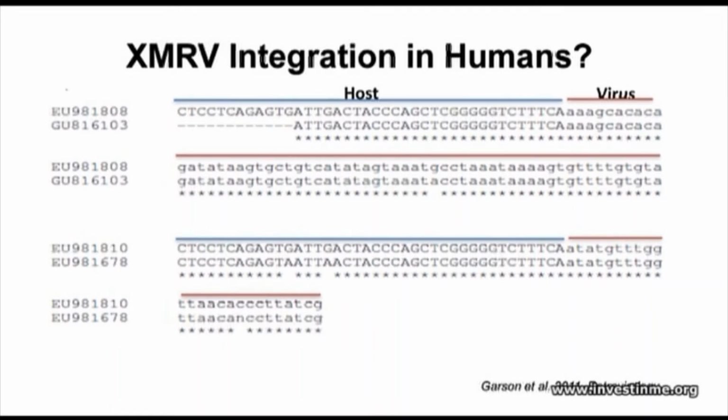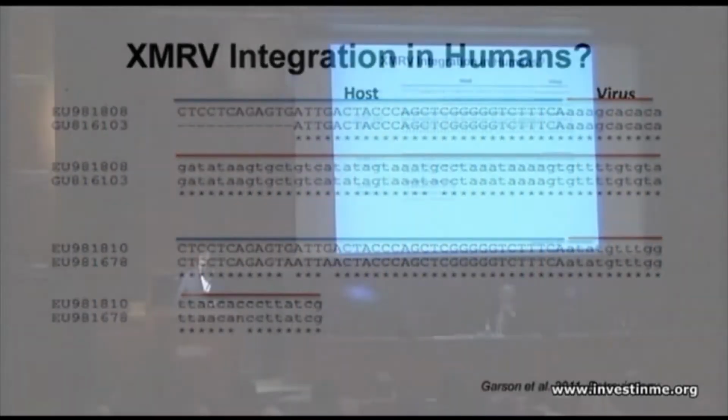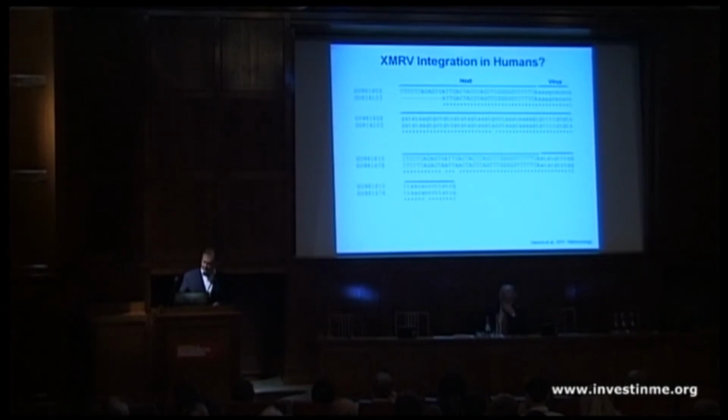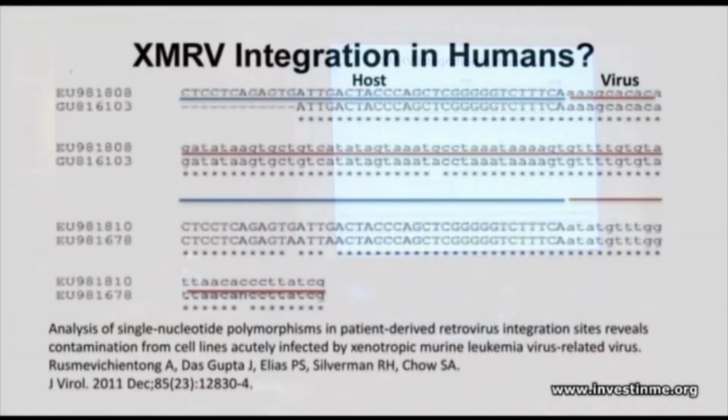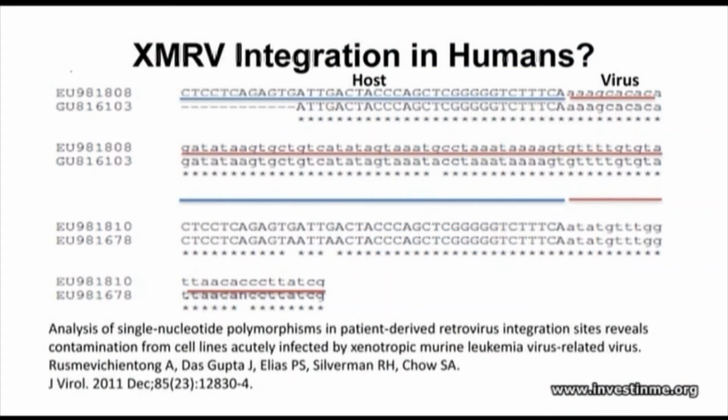That seemed very unlikely, and again undermined the notion of XMRV being a human pathogen. And to his credit, once we published our paper, Sam went on to show that he had inadvertently contaminated his prostate cancer samples with his cell line samples.